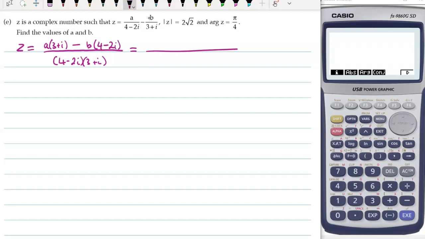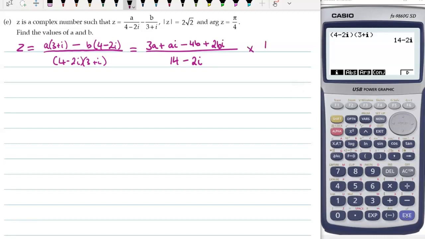Now on the bottom we can do that on the calculator, so 4 minus 2i times 3 plus i gives us 14 minus 2i. Then on the top here we've got 3a, ai, 4b, 2bi.